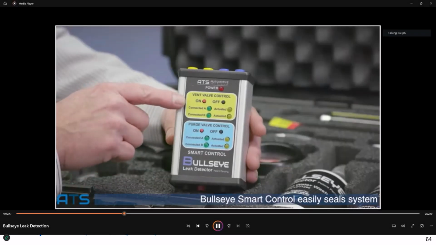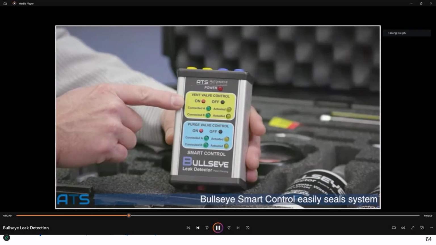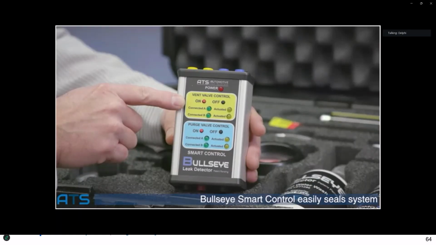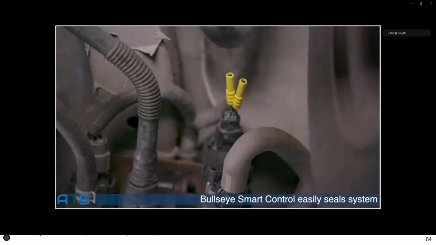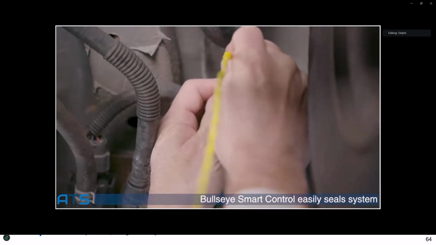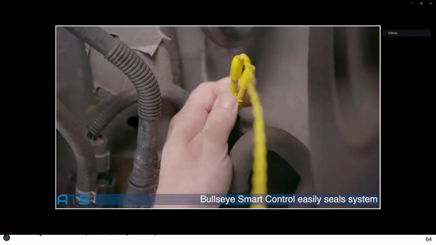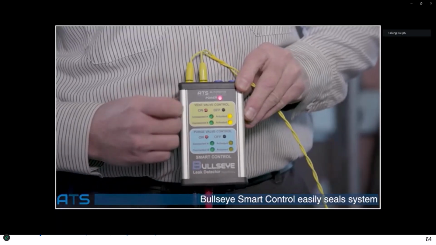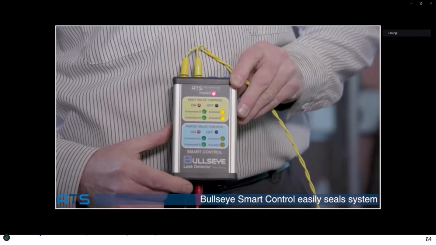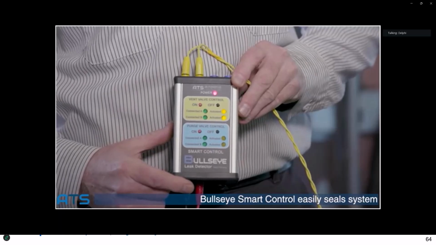And yet another challenge can be sealing the EVAP system for testing. With the Bullseye Smart Control, you can quickly connect to the EVAP vent and purge solenoids to seal the EVAP system and prepare it for leak testing. Once the Smart Control is connected, actuate the solenoids by pressing on or off.